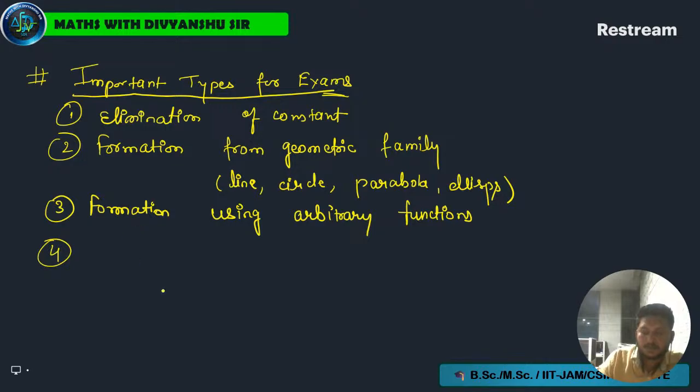Fourth is formation of PDE by eliminating arbitrary function. And fifth is last, which is optional many times, but it is very important, like orthogonal trajectories.